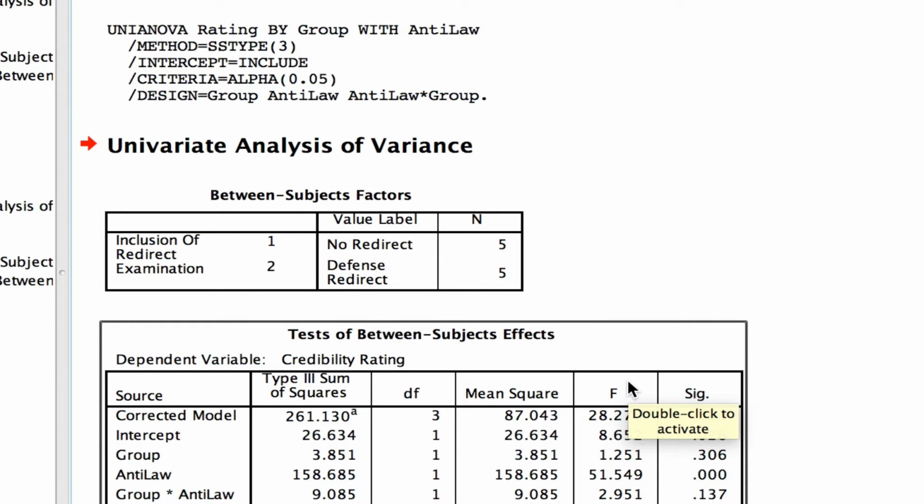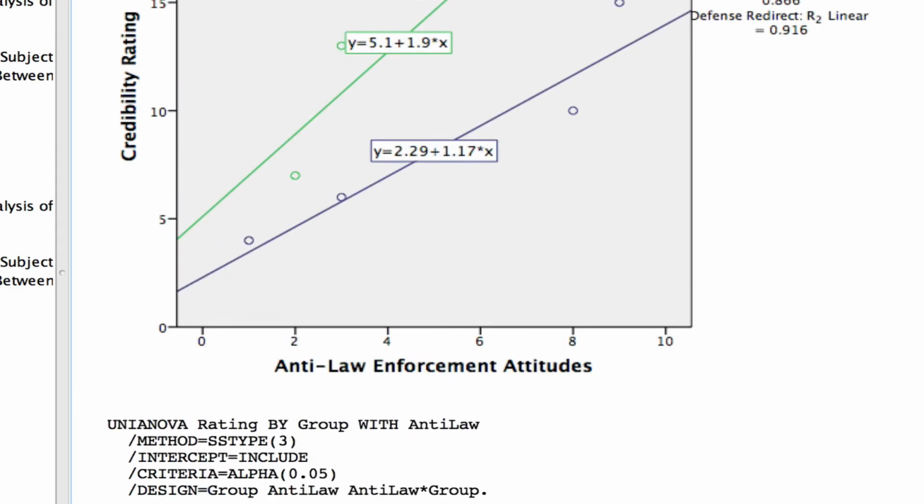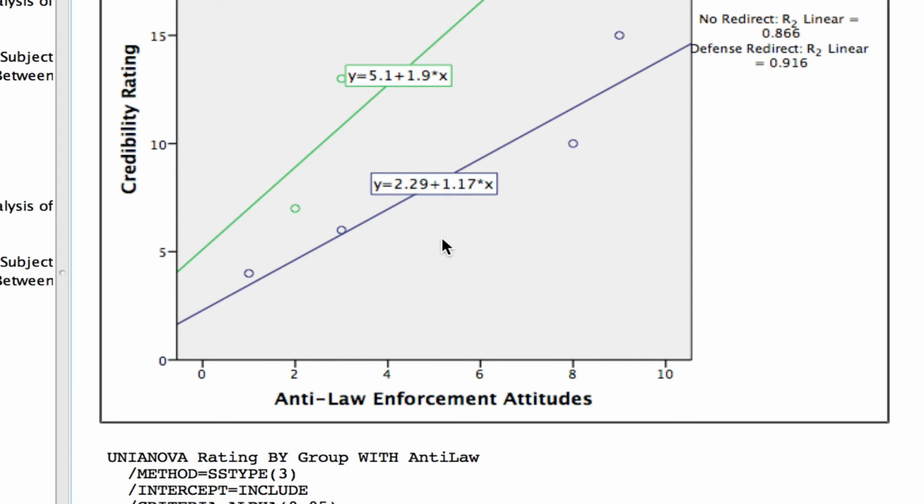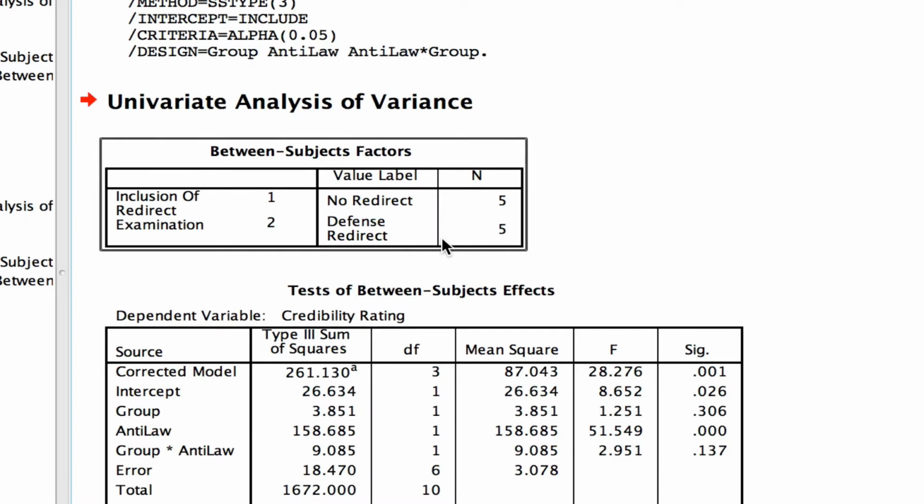What this is saying, in reference to our graphs, is that the difference that we see in slopes, the fact that one's steeper than the other, is not significant. So it's okay to assume that our relationship was the same. Hence the homogeneity of regression assumption, homo meaning same. So we can now go ahead and do our ANCOVA.